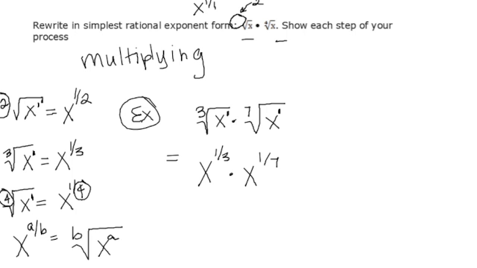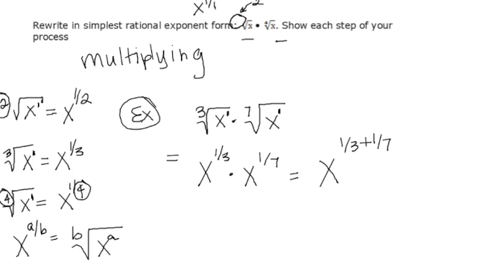Okay, so this is just like the very first question. When multiplying powers, you add the exponents. So this is going to be x to the 1/3 plus 1/7. Okay, fine.